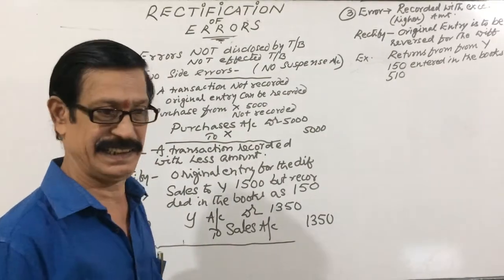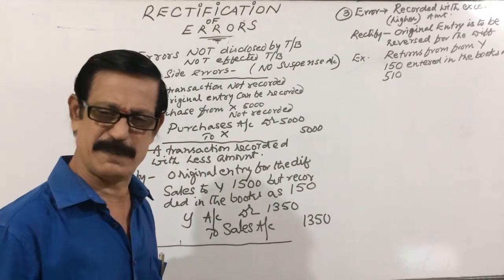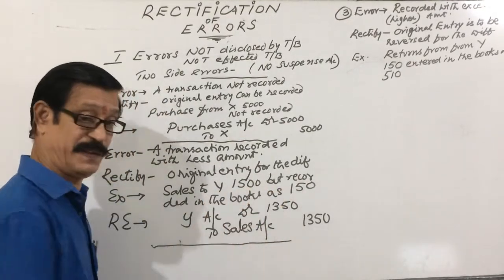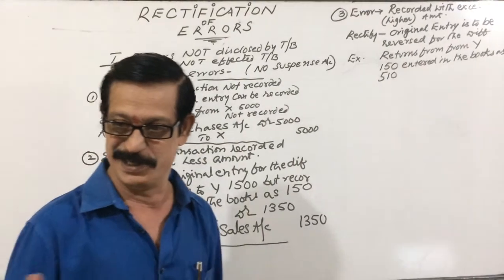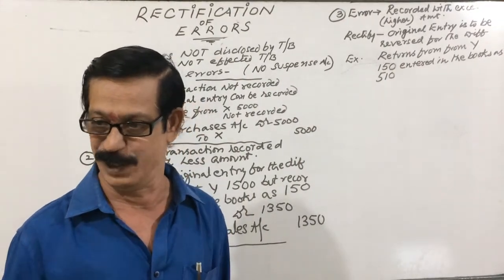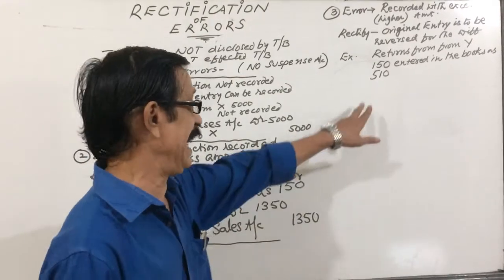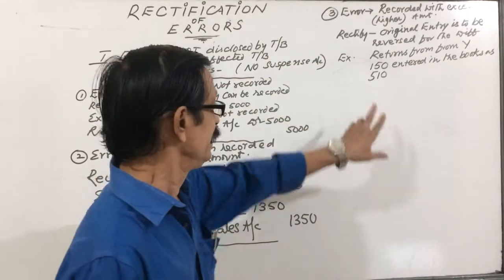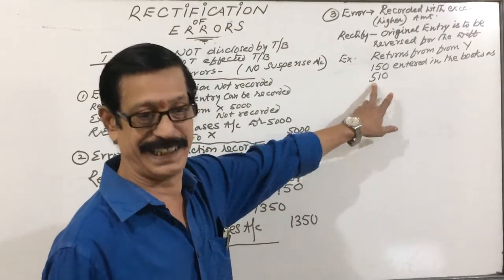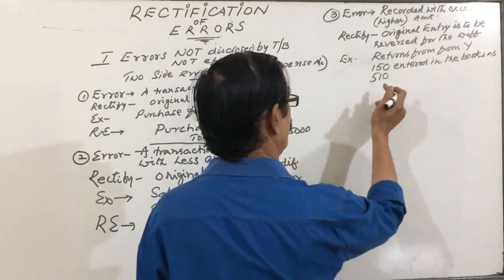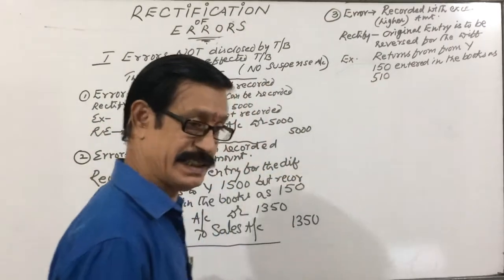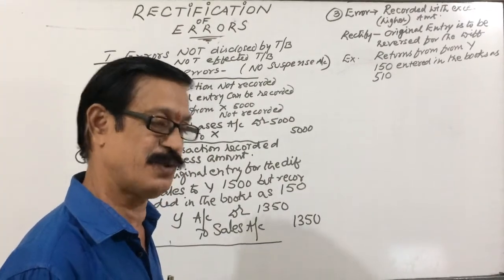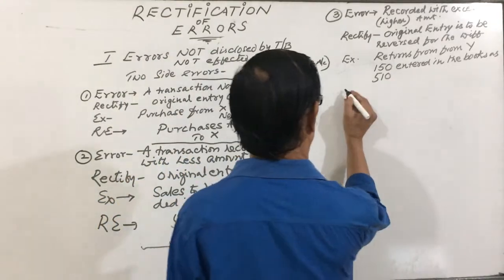You must concentrate. You must be active at that time. Here what happened? Instead of 1,500, they took 150. That means only one zero missed. It affects a lot. Don't say it's only a single zero. Here, what happened? Instead of 150, they have taken 510. The amount is jumbled. 150 is taken as 510. That means they have taken more. So what do you have to do now? How to rectify?